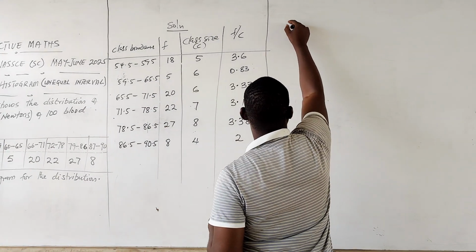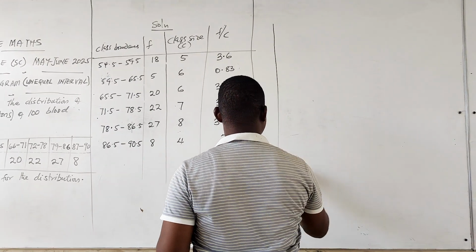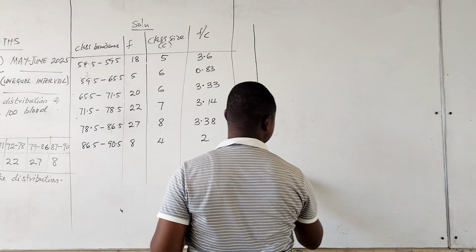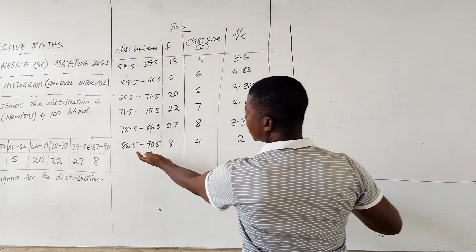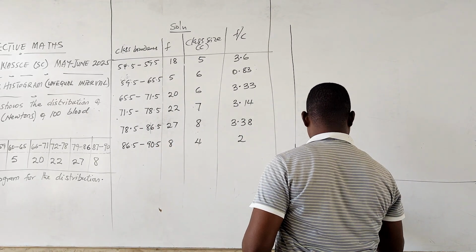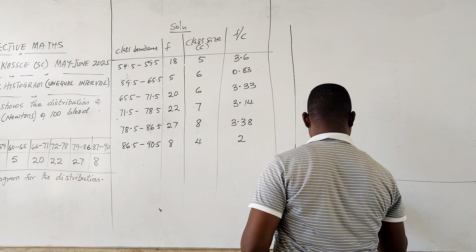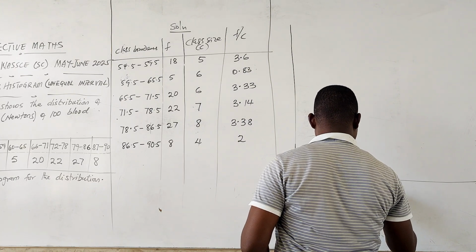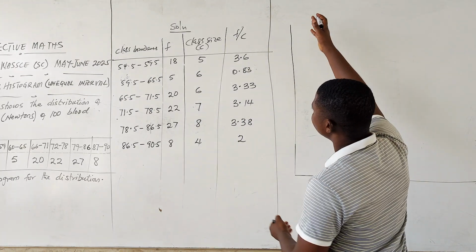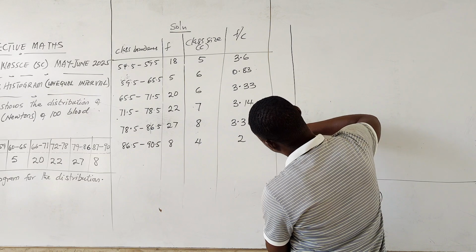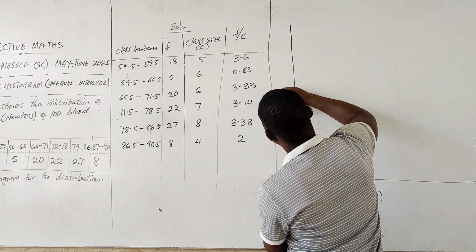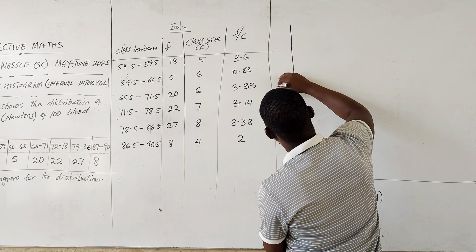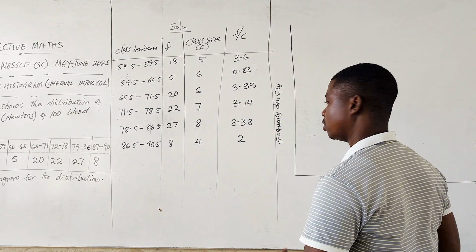So we have this against that. The class boundaries, which is the weight in newtons, is here. And we have the frequency density on this side.